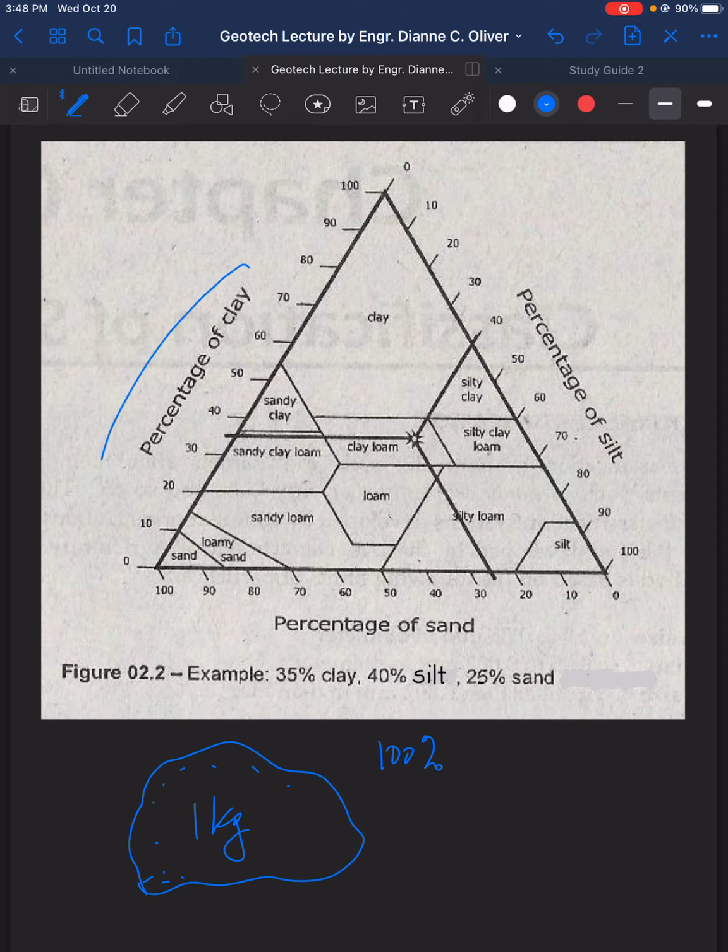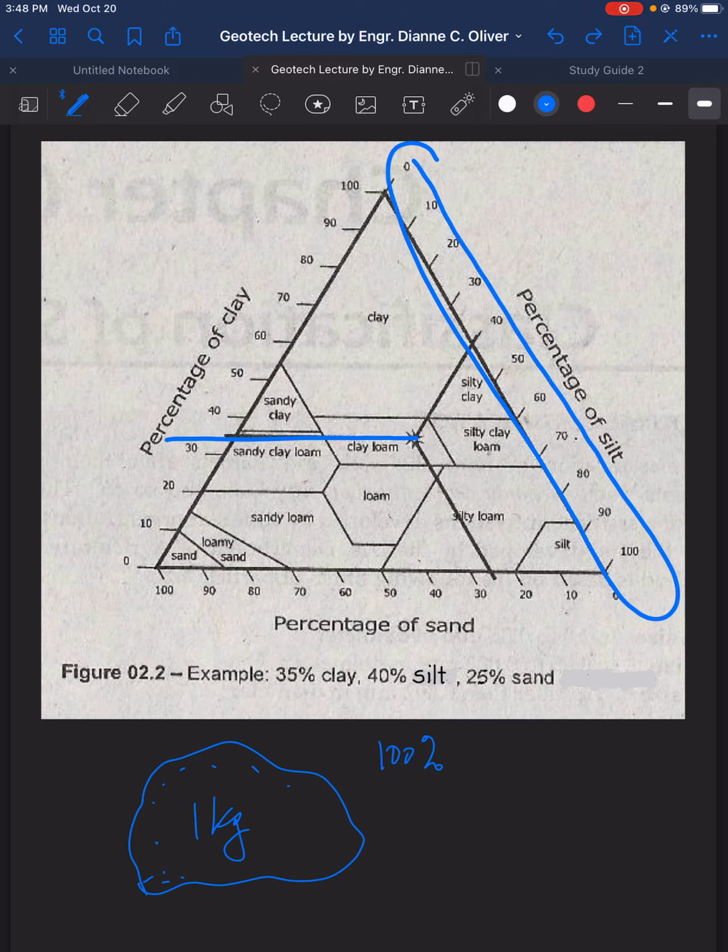So first, let's look at the percentage of clay. We have the percentage of clay as 35%. So we locate where the 35% is here, and that is at this portion here. So this is the 35% of clay. Next one, we have 40% of silt. So the silt is on this side, and we will locate where the 40% is here.